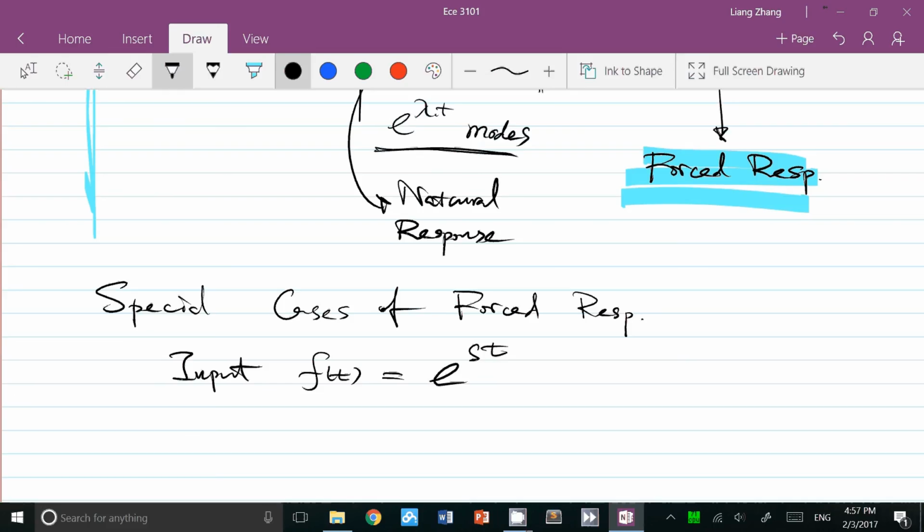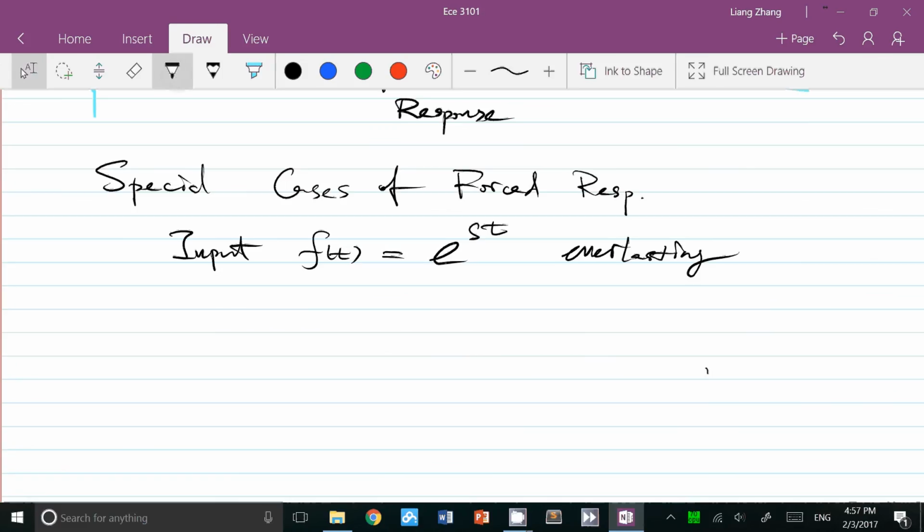It's an everlasting exponential signal, as you can see. There's no switch to turn it on at time 0. It originates from t equals minus infinity and ends at t equals infinity, meaning it's always there. There's no end, there's no beginning.